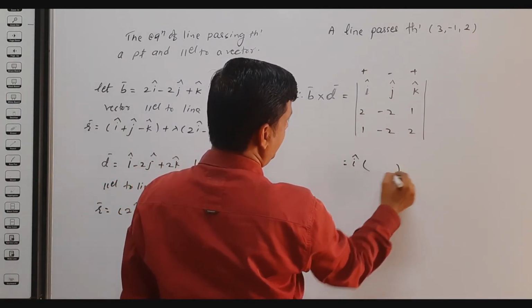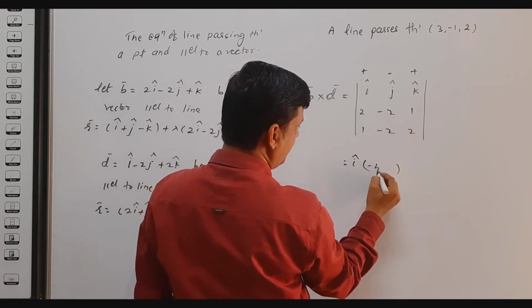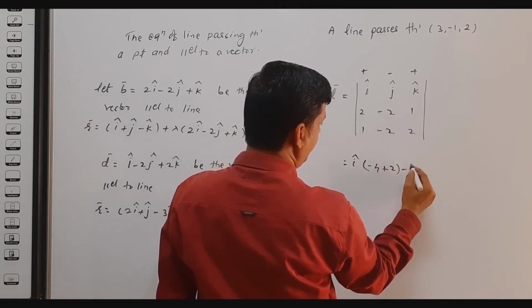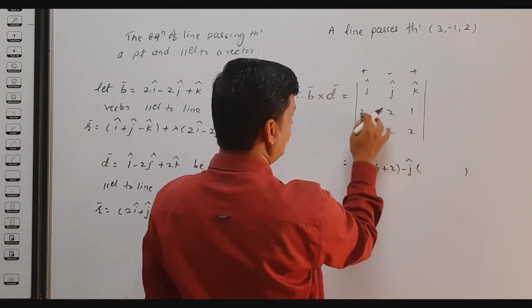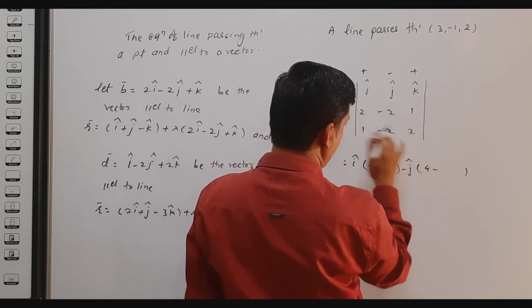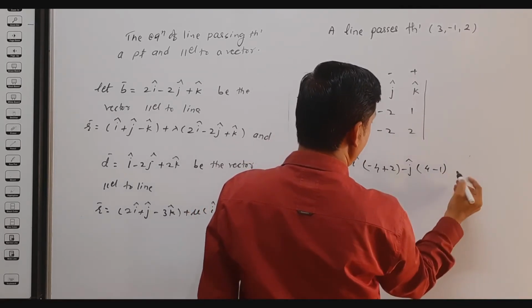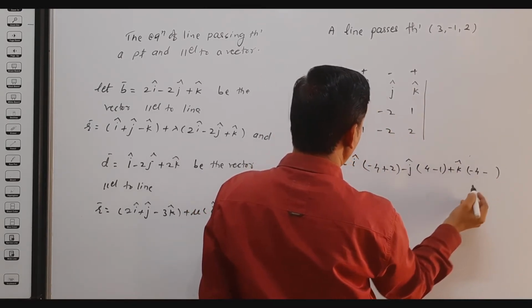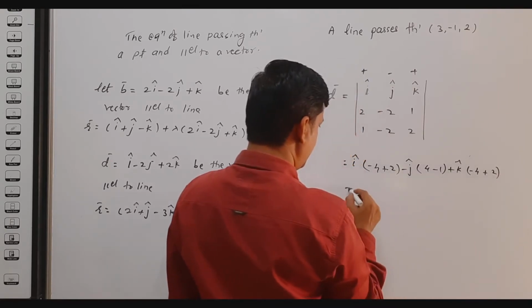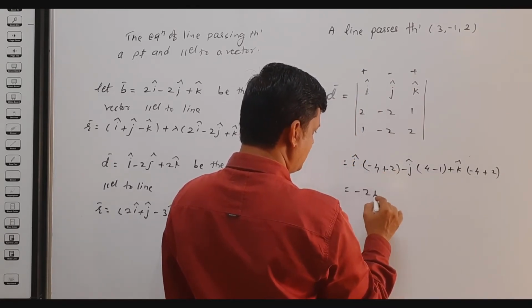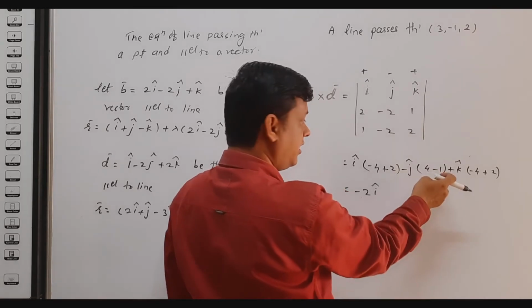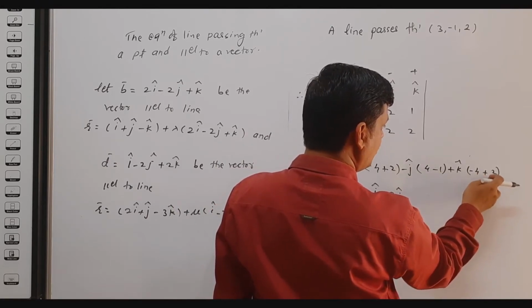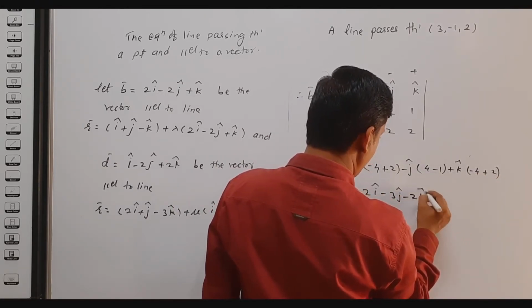We get i cap in bracket minus 2 into 2 is minus 4, minus times minus gives plus, so 2 into 1 is 2, minus j cap in bracket 2 into 2 is 4 minus 1 into 1 is 1, 4 minus 1, then plus k cap in bracket 2 into minus 2 is minus 4, minus plus, so we get here minus 4 plus 2 which is minus 2i, 4 minus 1 is 3, so minus 3j, minus 4 plus 2 which is minus 2, so we write minus 2k.